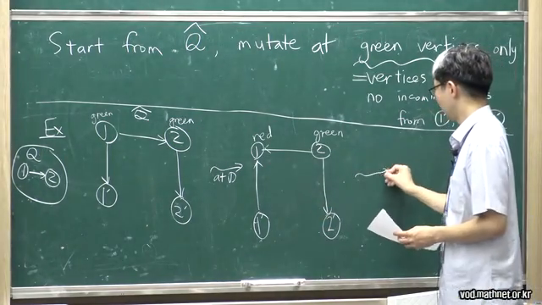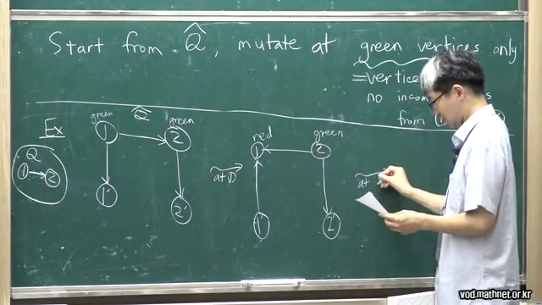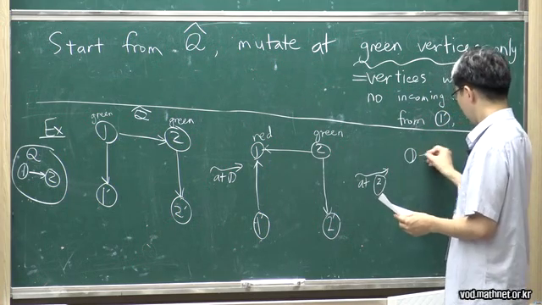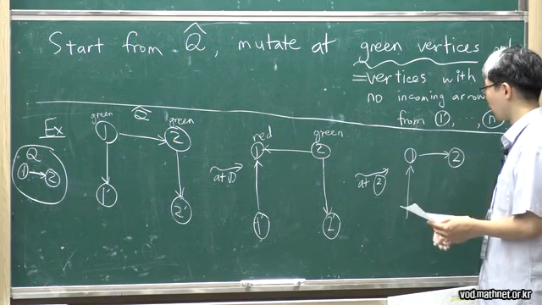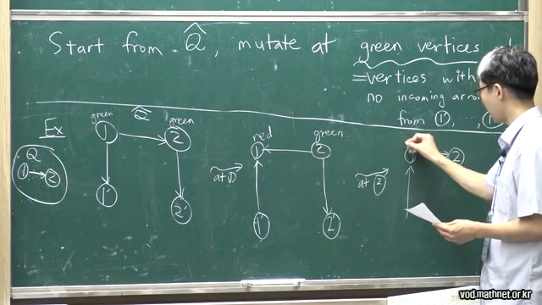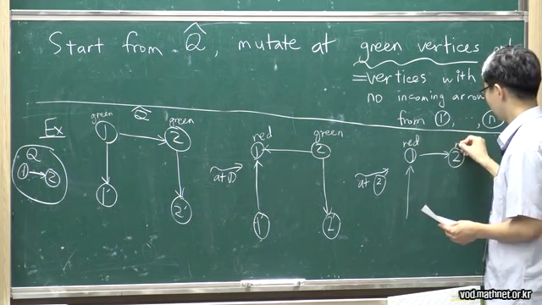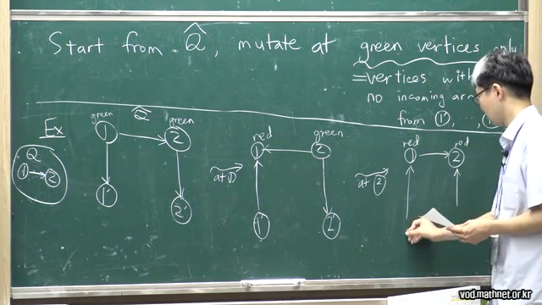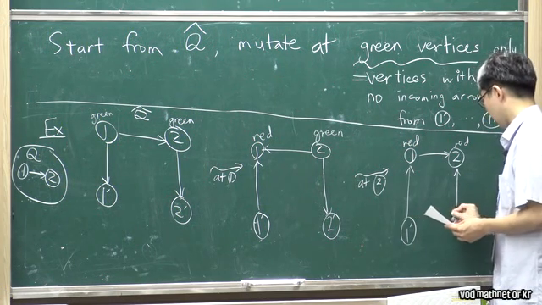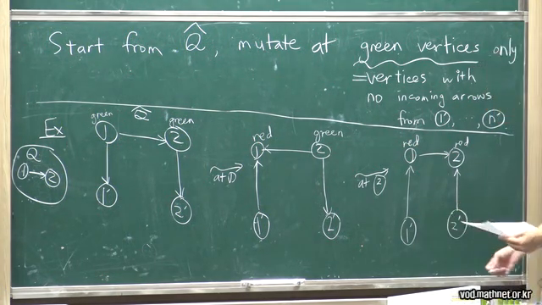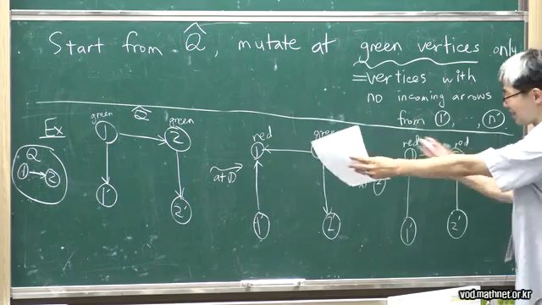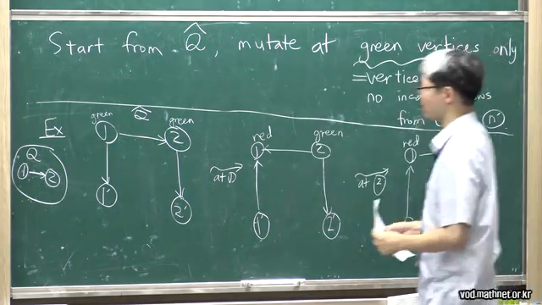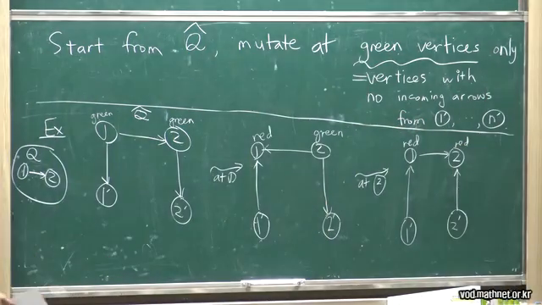And then add 2. And after this, we ran out of green vertices. Everything is red. And then there is nothing we can do, so we just stop. And this type of sequence is called the maximal green sequence.